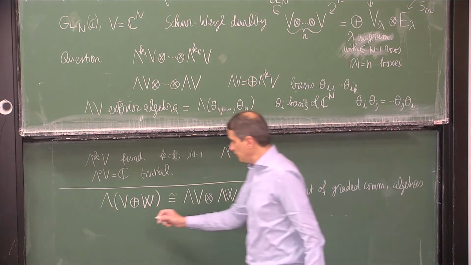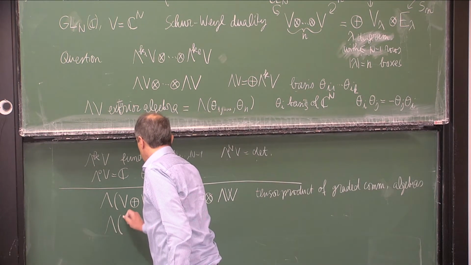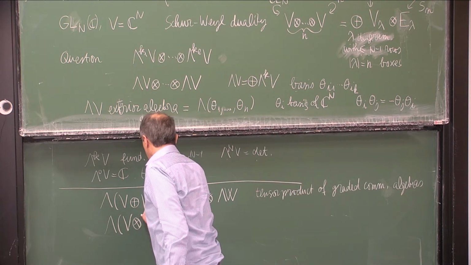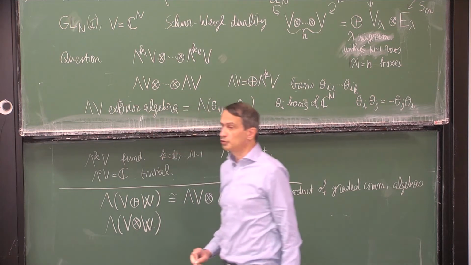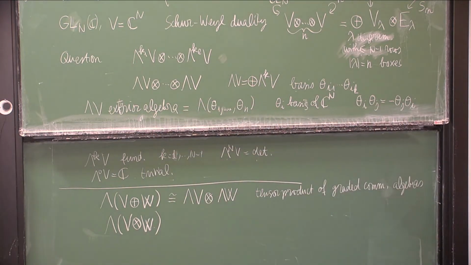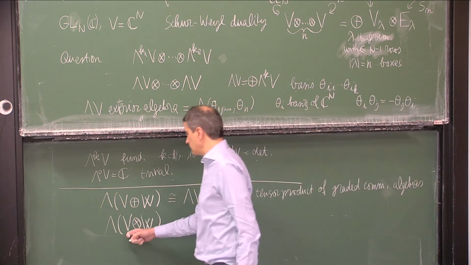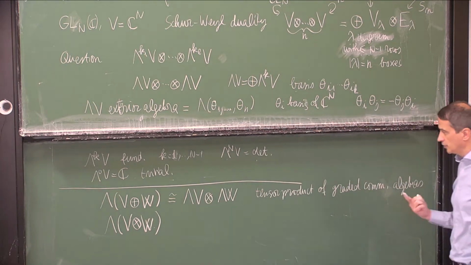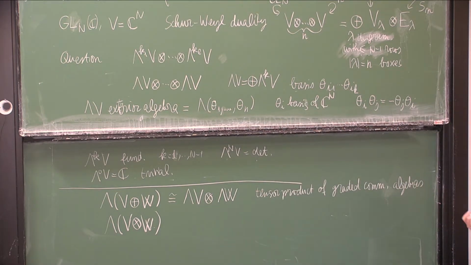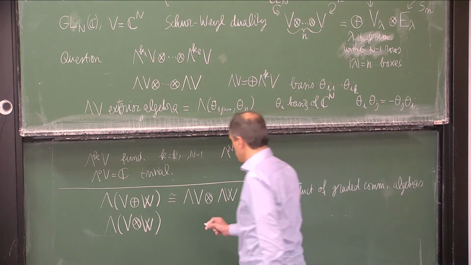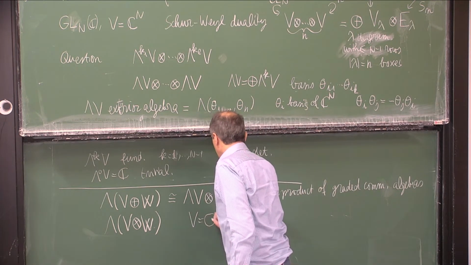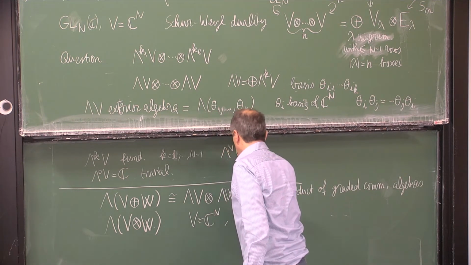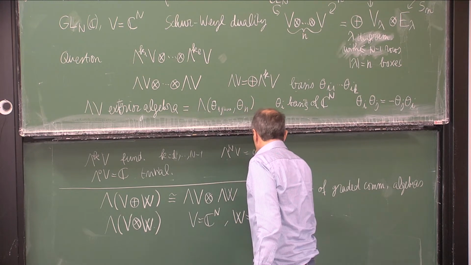But Howe is interested not in the direct sum, but in the tensor product of the two representations. And the theorem of Howe is that on this tensor product, what is clear is that you have an action of GLN and GLn. Let's suppose V is C^N and W is C^n.